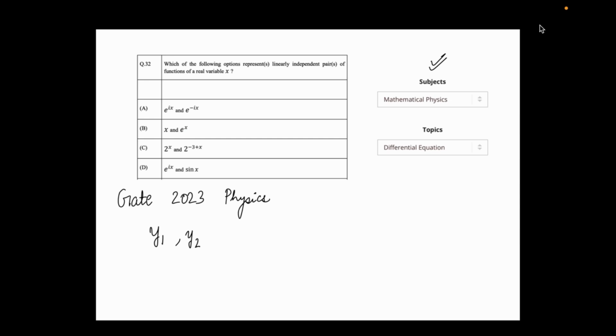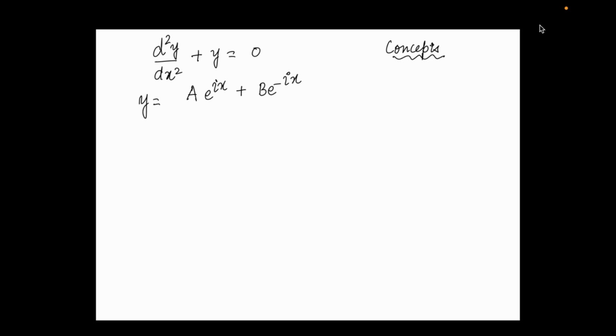That's the one idea. But in terms of differential equation, I am just recapitulating the concepts for you. If you see, your y is a e to the power ix plus b e to the power minus ix. You write this as the solution.